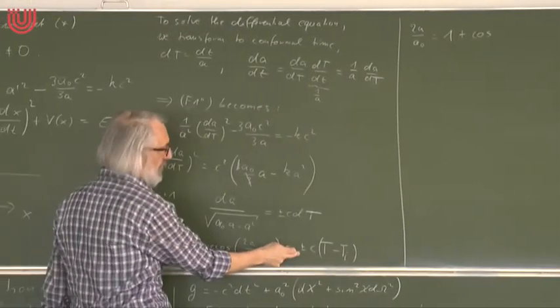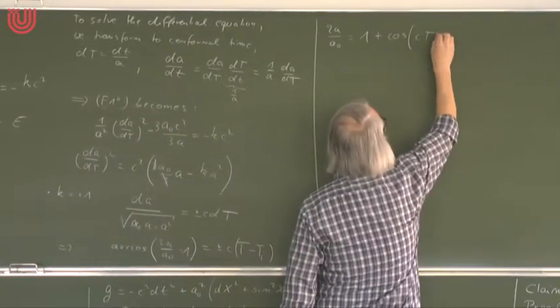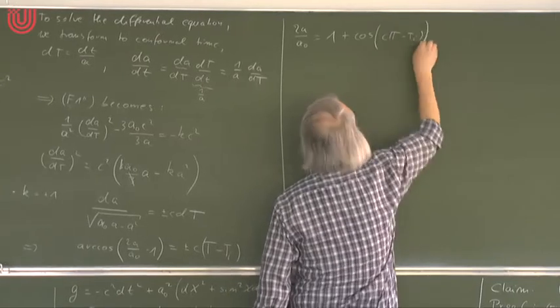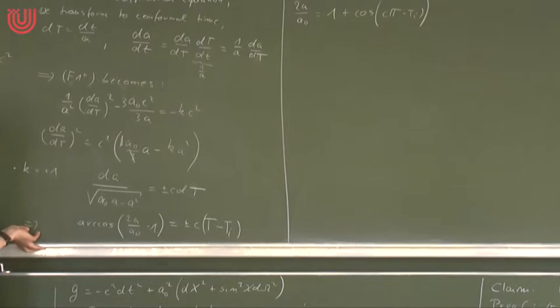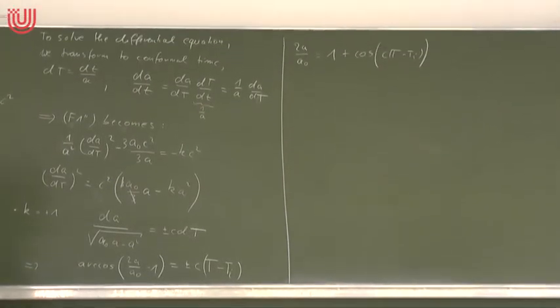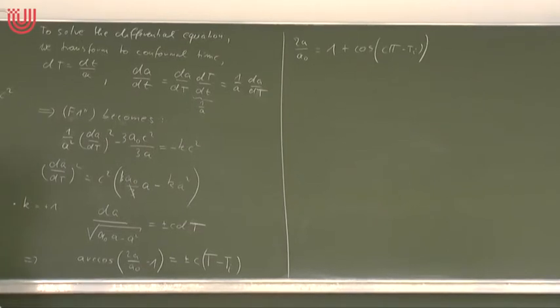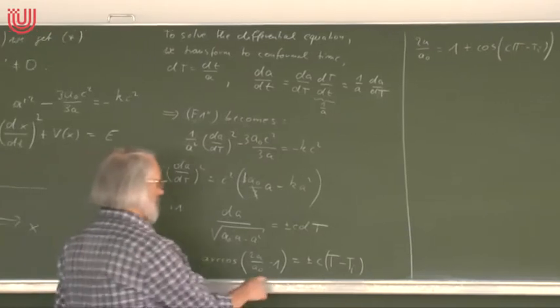The cosine of x is the same as the cosine of minus x. So I have ct minus t initial. And is the sign correct? I think the sign is wrong. I have 1 minus. Let me see.